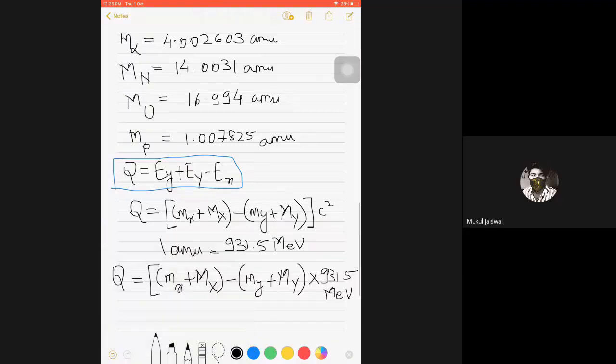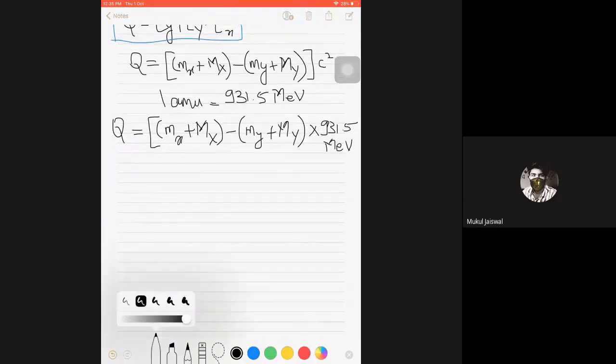We know that 1 AMU c square, 1 AMU into c square, in electron volts comes out to be 931.5 MeV.